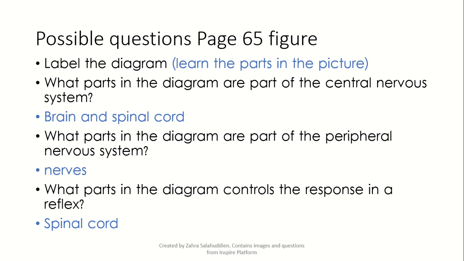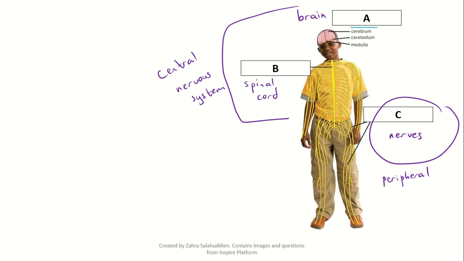Okay, so possible questions you may get. We've already discussed it. But one thing we did not speak about is reflex and stimulus and response. So a stimulus is a change. When something changes around you, in your environment, we call it a stimulus.